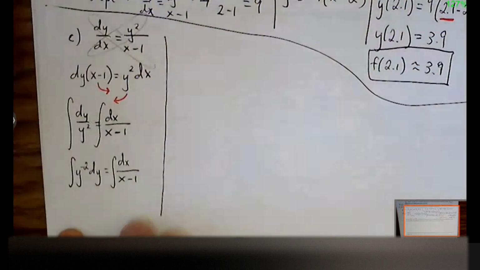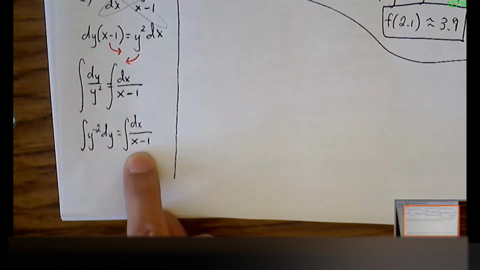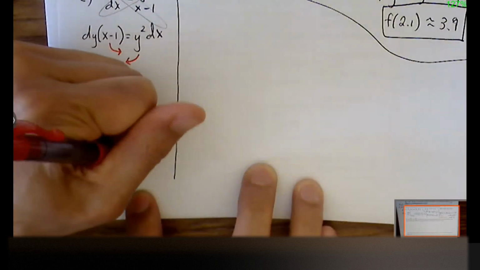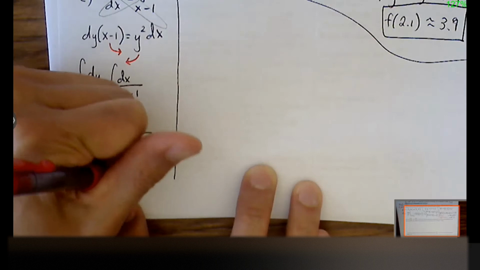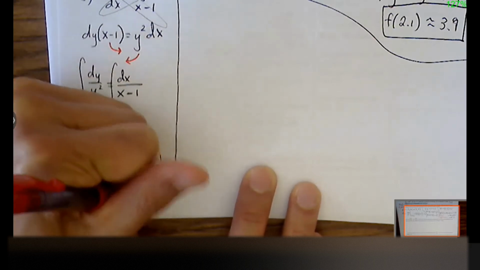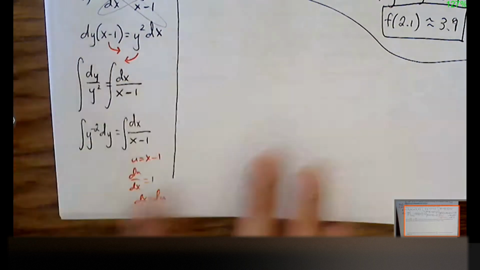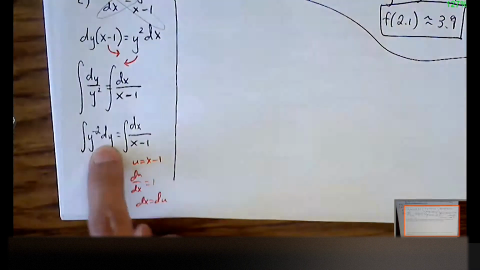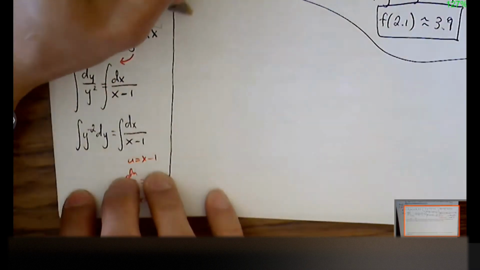Power rule on the left side. The right side is a little bit of u substitution, but you can also just recognize this as a natural log, but we can go through that process. So we add 1 to the exponent.